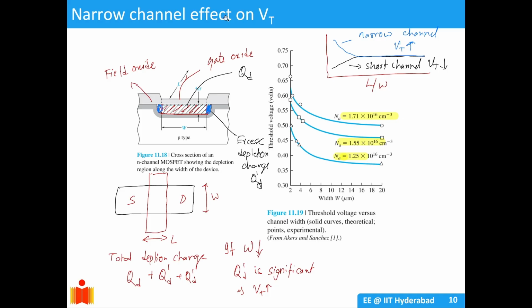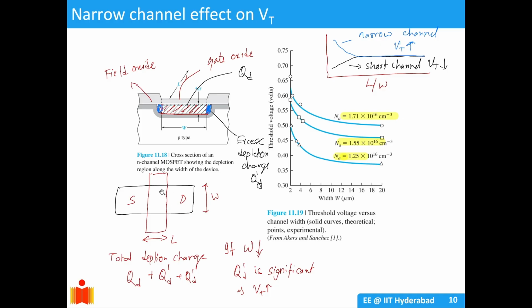So next we come to the narrow channel effect on VT. Till now we were talking about channel length; now we are talking about channel width.